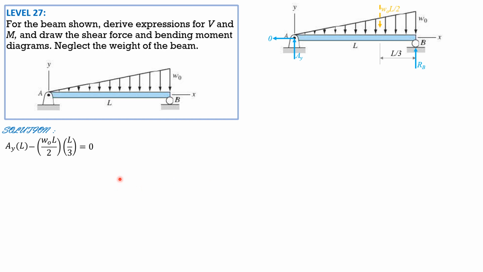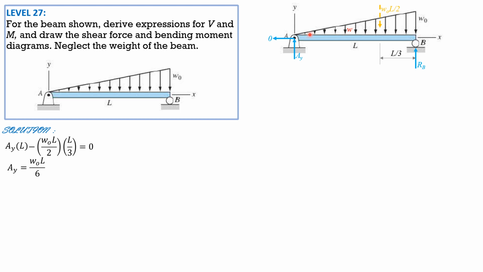So AY is equal to WOL over 6. Likewise, if you sum up moments about A equals 0, RB is WOL over 3. I will leave that to you.